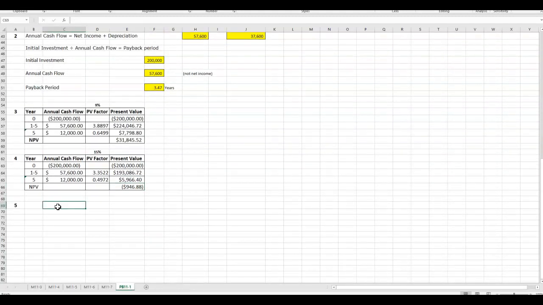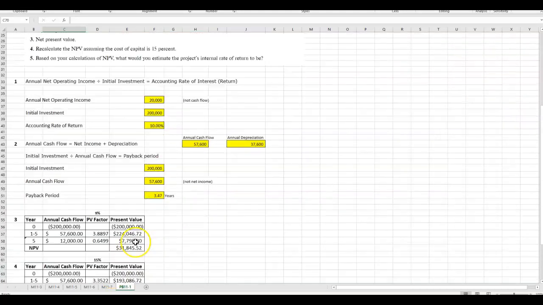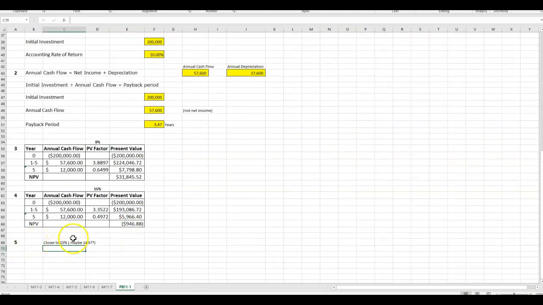So let's just say it's closer to 15%, maybe 14.5. We don't know, and we're not asked to calculate this. We're just asked to estimate it. And that's our educated estimate.